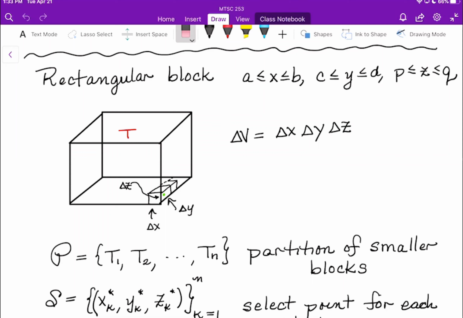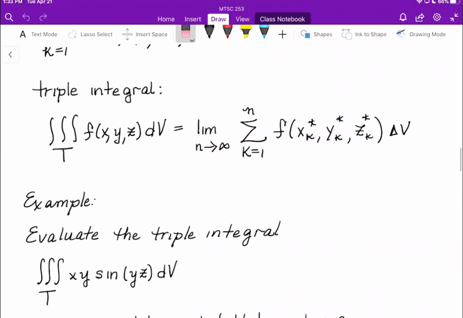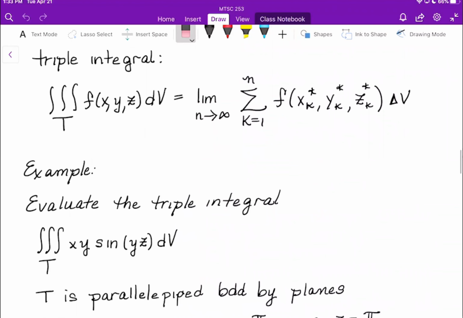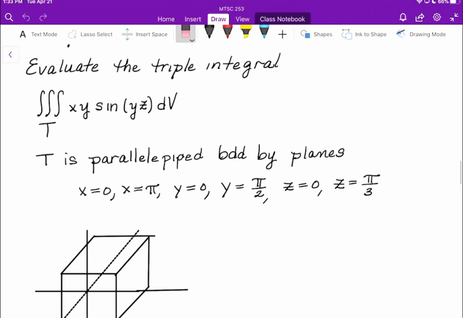Okay, so the last thing we were talking about, we talked about looking at a triple integral on a rectangular block. And we did a Riemann sum, a very brief discussion. Then we evaluated a triple integral on a parallelepiped.